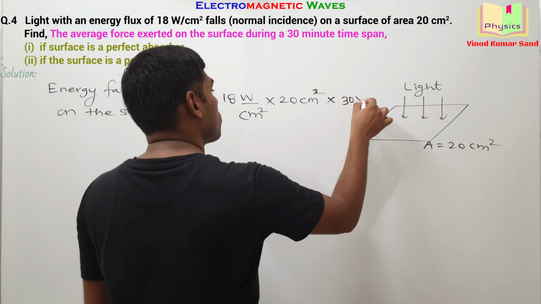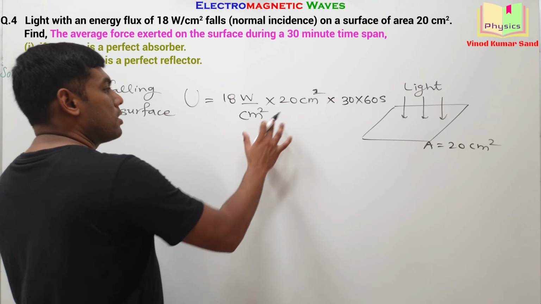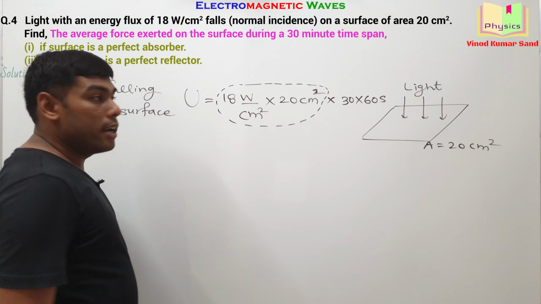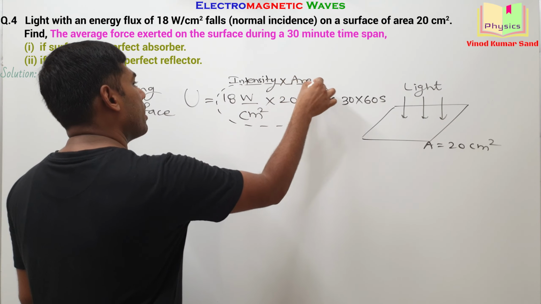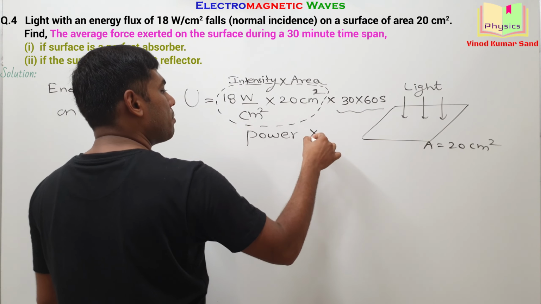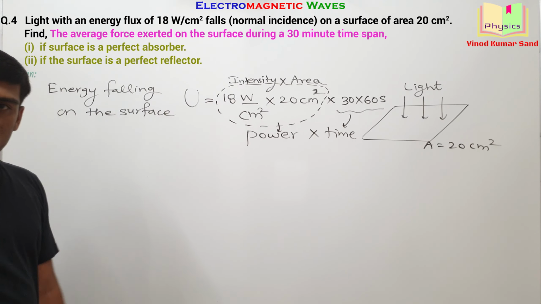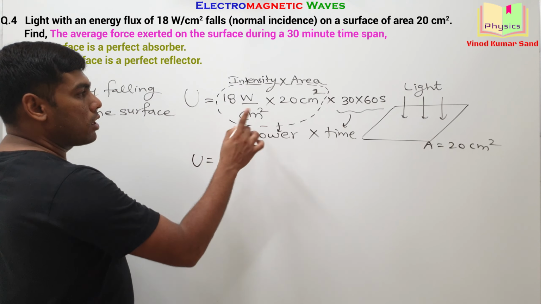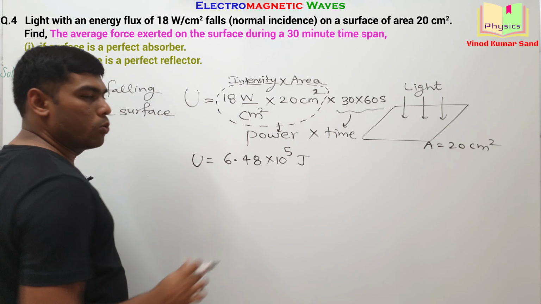Time is 30 minutes, so 30 into 60 seconds. We work in the SI units. What is this part? This part is basically intensity into area, which gives us the power, and this is the time. Power into time will give you the energy. You understand this? We can do the computation and we'll get the value of U, which comes out to be 6.48 into 10 to power 5 joule.